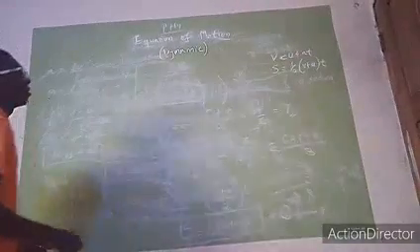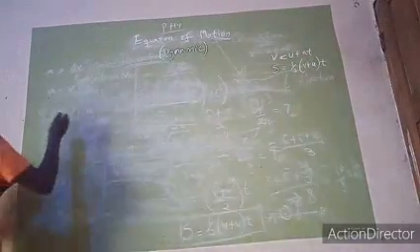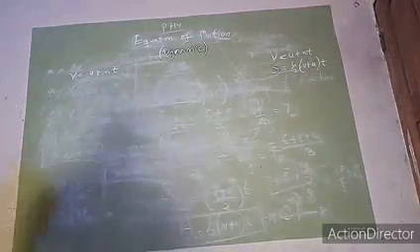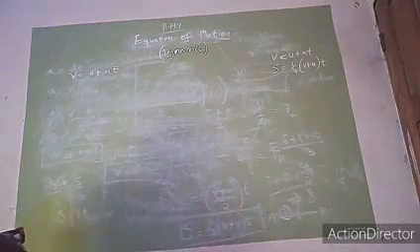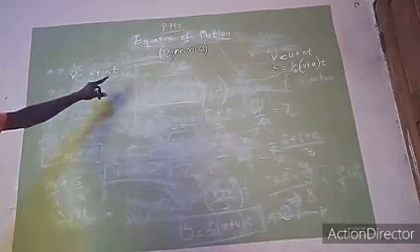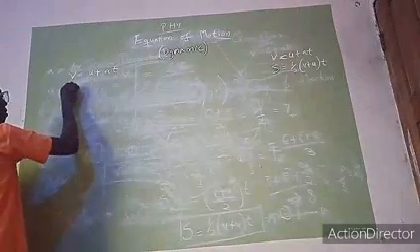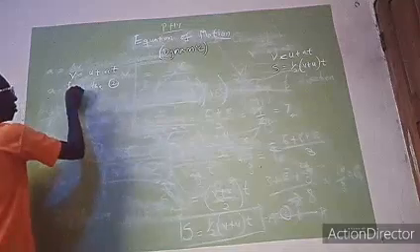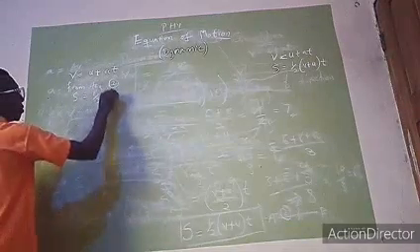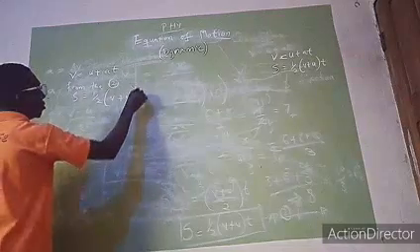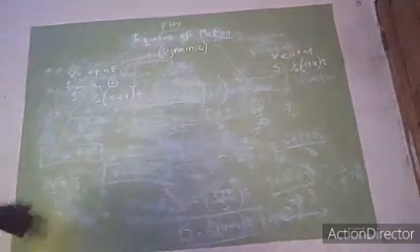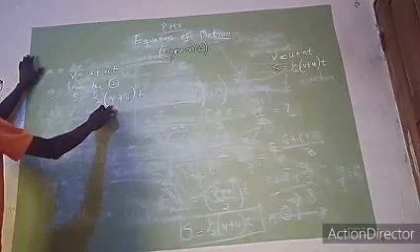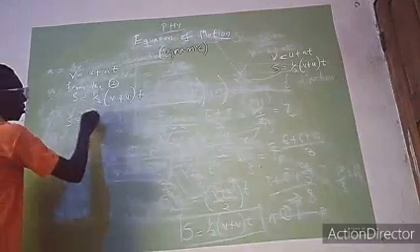Okay. Now the third equation of motion. In the first place, I have my velocity is equal to U plus AT. Now, since my V is equal to U plus AT, from equation 2, which is S is equal to 1 over 2 V plus U times T, I can substitute for V. S is equal to 1 over 2.